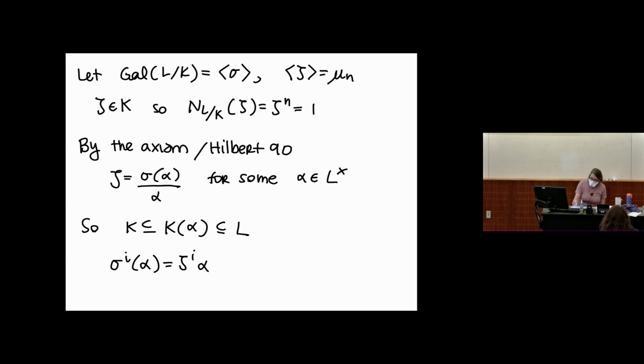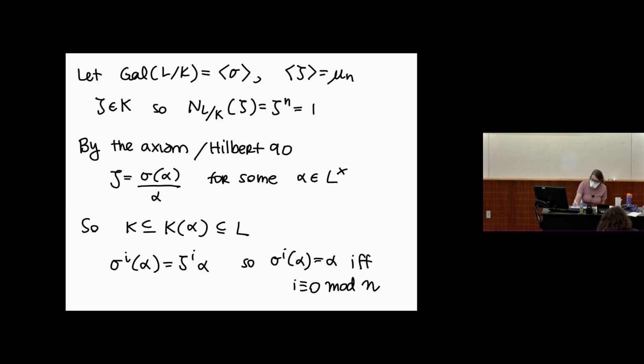But this zeta is a primitive nth root of unity, so sigma i of alpha is alpha if and only if i is 0 mod n. It only comes back after I've applied it n times.